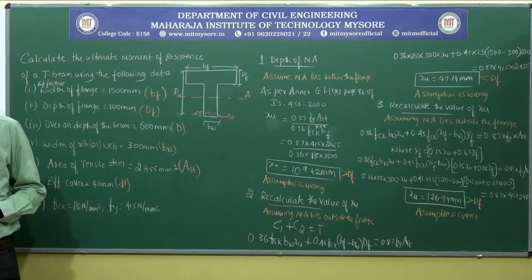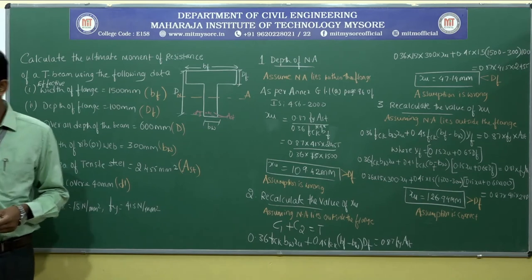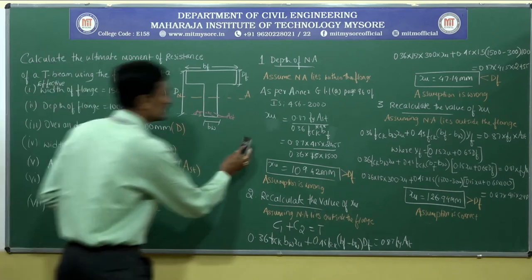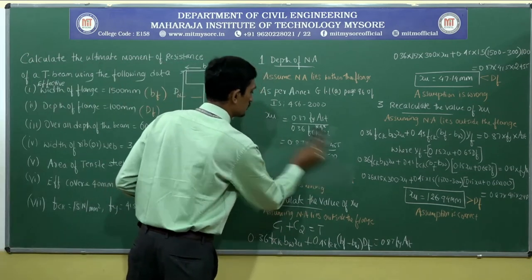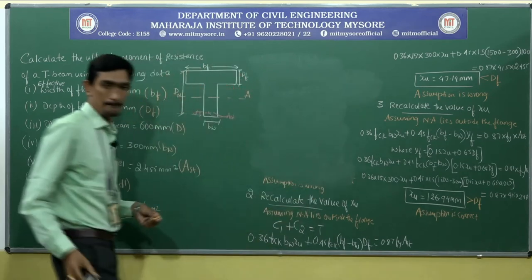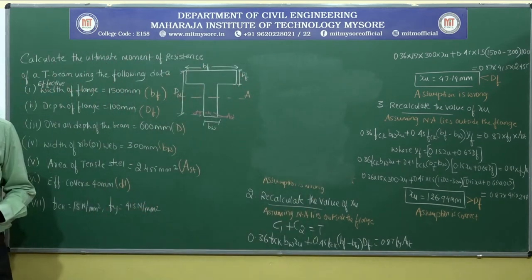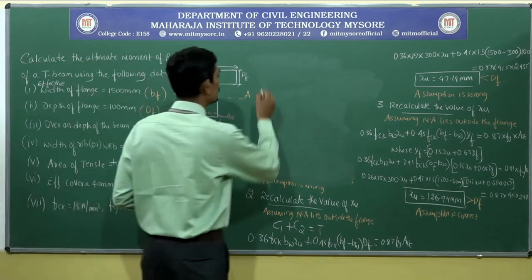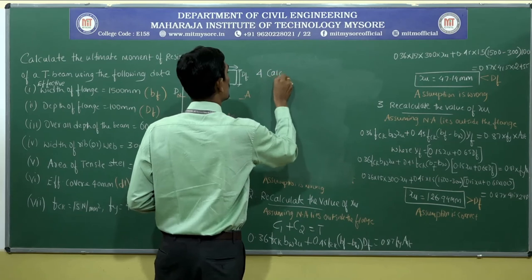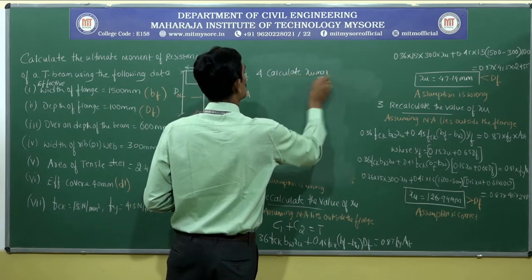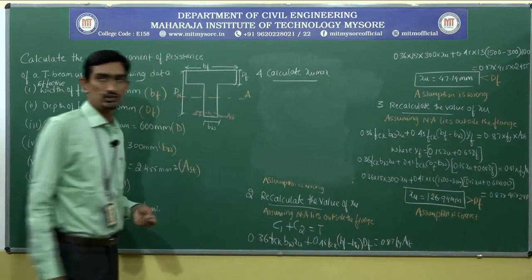So next, let us go with the XU max. Calculate the value of XU max. Step number 4. Because you now know the XU value, calculate the value of XU max.